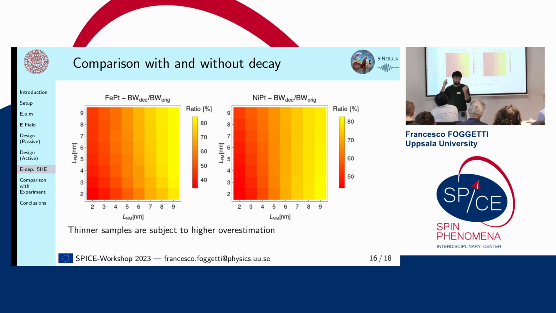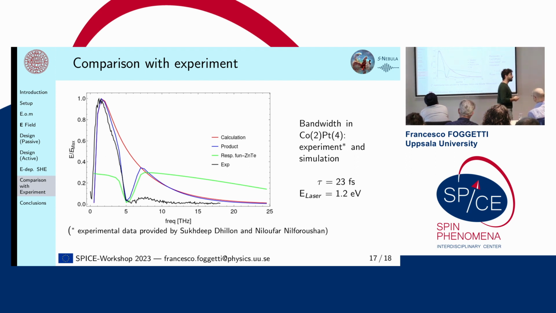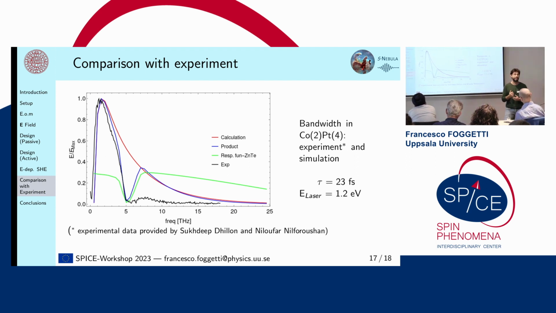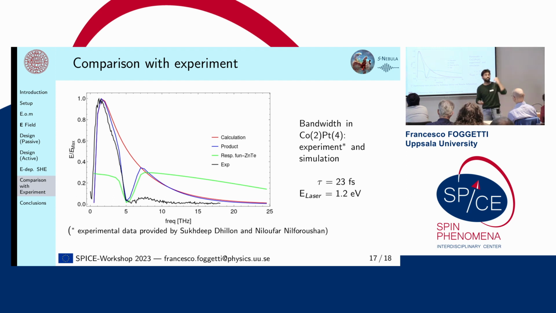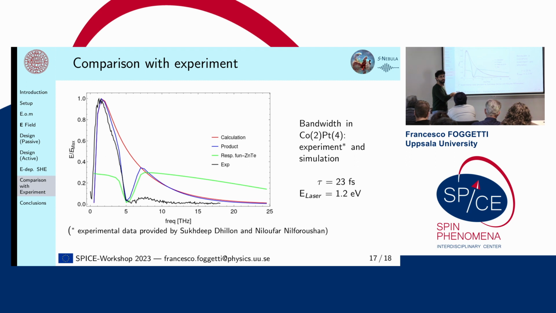We can have a look at experiments. Here we have data kindly provided by Suhi, and we compared the emission profile of a cobalt platinum bilayer of 2 nanometers cobalt and 4 of platinum. There it is. In black is the experimental data. In red is our calculation, which is close enough. I mean, before doing the platinum correction of levels, this bandwidth was quite larger.